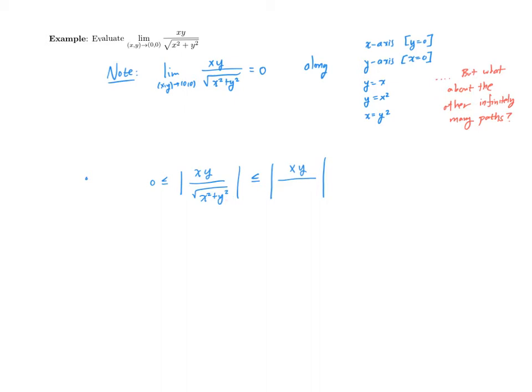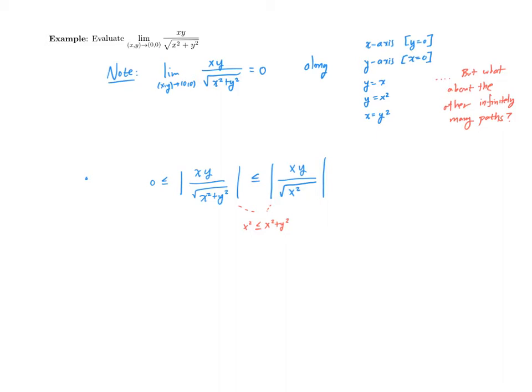A perfectly good way to make the bottom smaller is to simply remove a term. Note the justification: x squared is smaller than x squared plus y squared. So if we just remove that y squared term, dividing by something smaller makes it bigger.